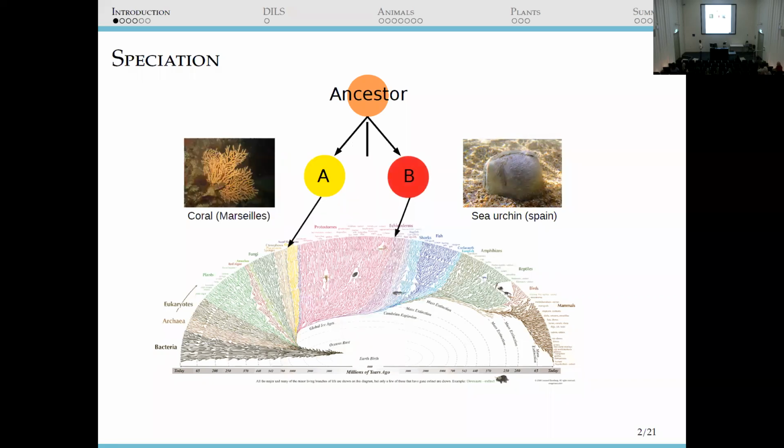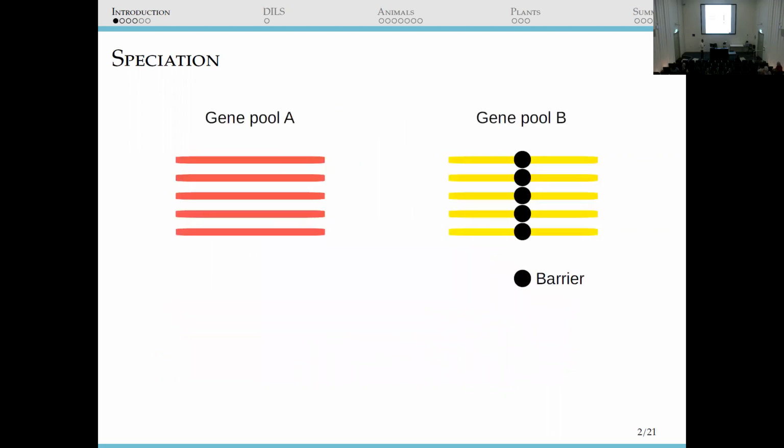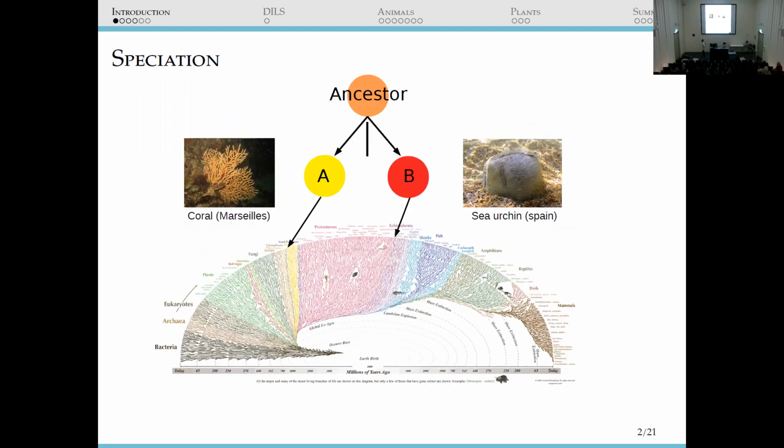And of course, at the extreme, the common ancestor between the coral and the sea urchin is much older, and here we have fully isolated species, and even if they share the same geographic area, we do not find any hybrids, of course.